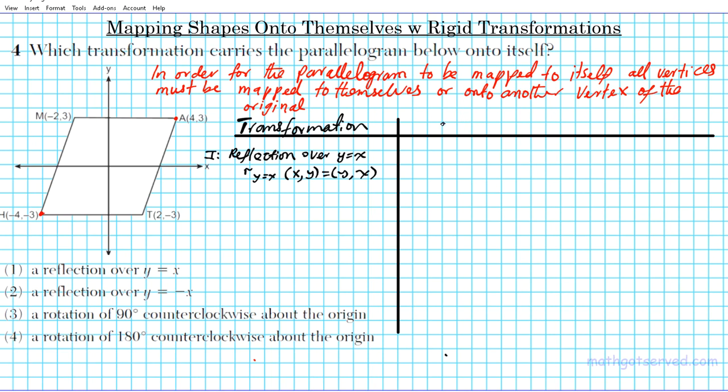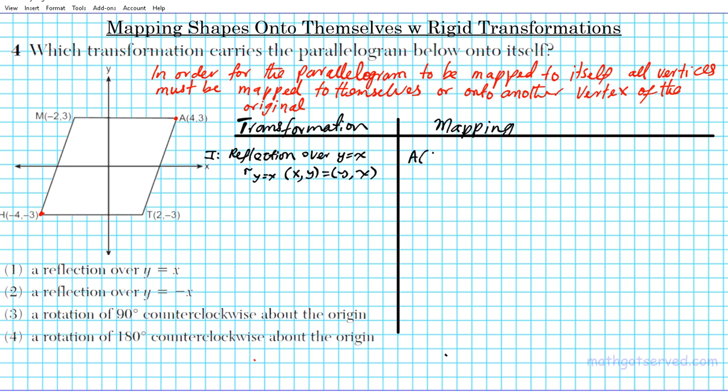We're going to apply that formula to the coordinates. We'll pick the points one by one and apply the transformation. If we get that point or any other point on the parallelogram, that's a pass. If we end up with a point that's not any of these vertices, then that's a fail. So let's start with point A.